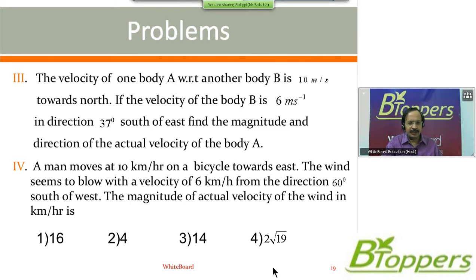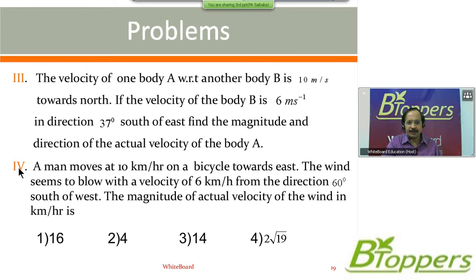So I am going to next also show you another two problems on the screen based on the relative velocity, which you can try yourself first. So that in case you get the answers, you can skip the next class. In the next class I will be discussing these three problems.